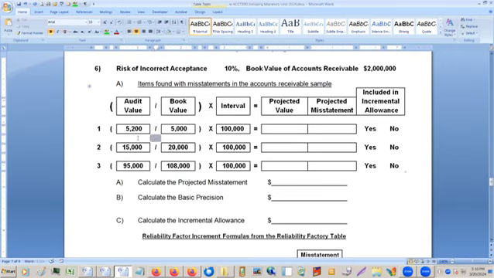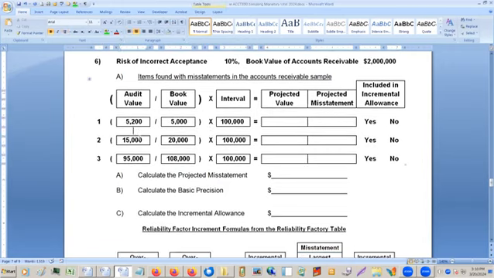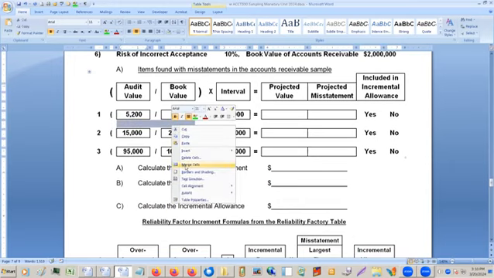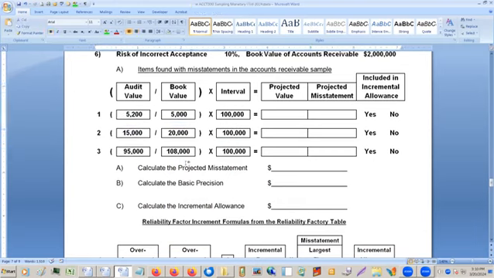So let's go to the first one here. It's actually an unusual one. What's unusual about this one? So just that the audit value is higher than the book value?